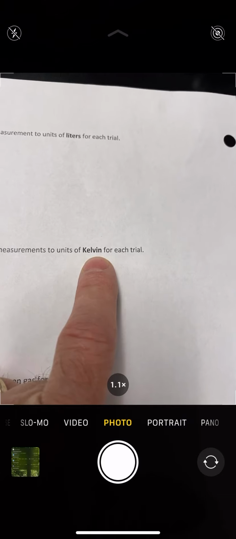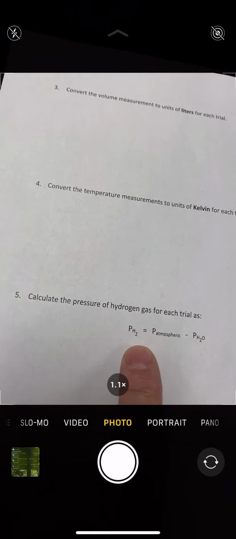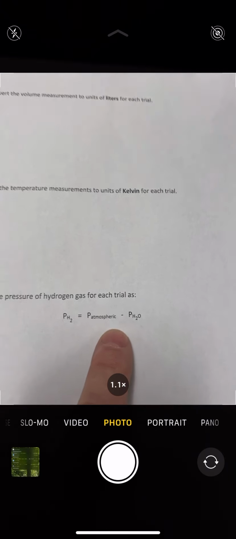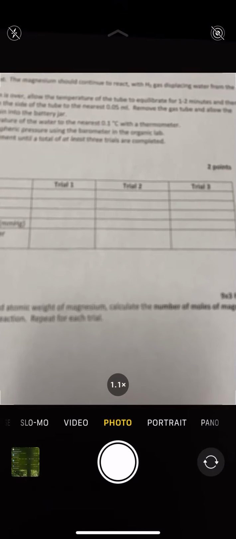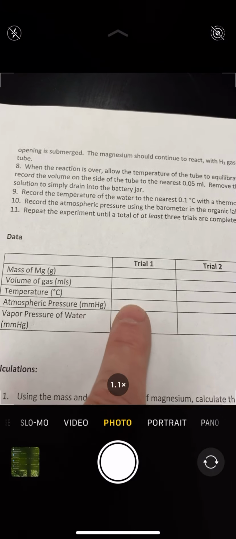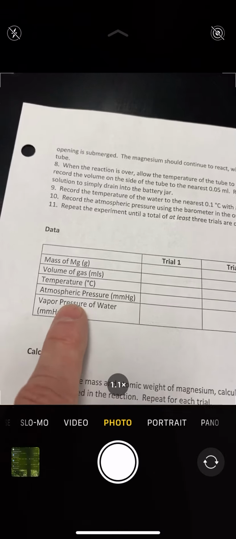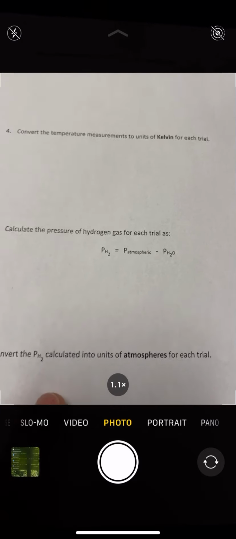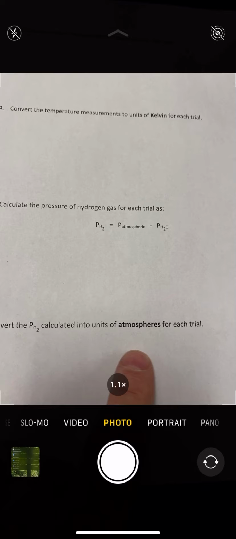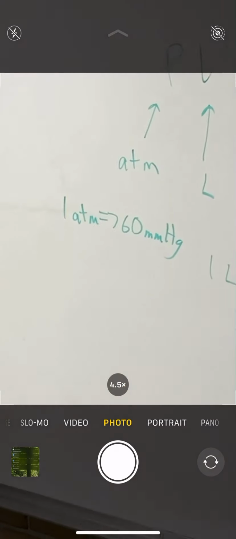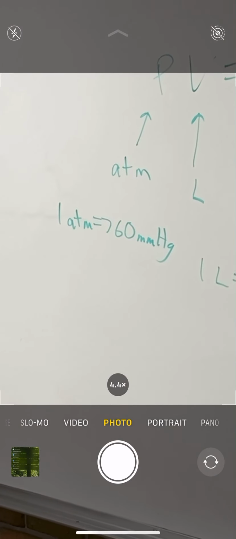Remember, you just add 273.15. Then you're going to calculate the pressure of the hydrogen gas by taking the atmospheric pressure minus the water pressure. So that's as simple as just subtracting these two bottom numbers, right? Atmospheric pressure minus vapor pressure. And then you're going to convert from millimeters of mercury to atmospheres, right? Millimeters of mercury to atmospheres using 1 atmosphere equals 760 millimeters of mercury.